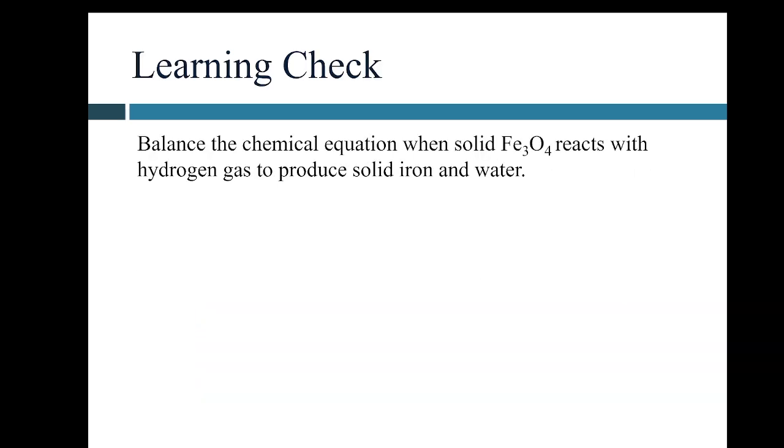Okay. So let's balance the chemical equation when solid Fe3O4 reacts with hydrogen gas to produce solid iron and water. What's our first reactant that we're given here? Fe3O4, very good. And that's going to be reacting with what?